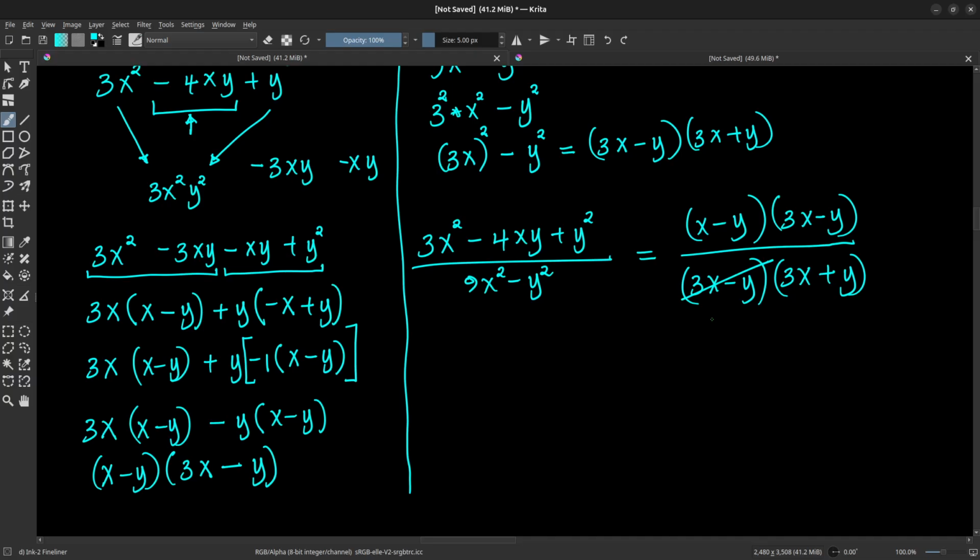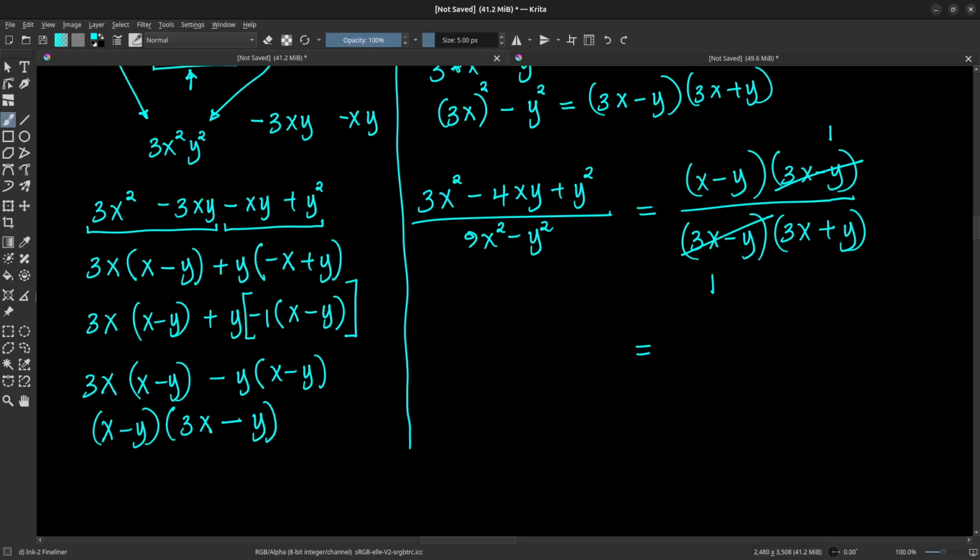So we cancel 3x − y with 3x − y, and on the numerator we'll be left with x − y, all over 3x + y, and this is the expected answer.